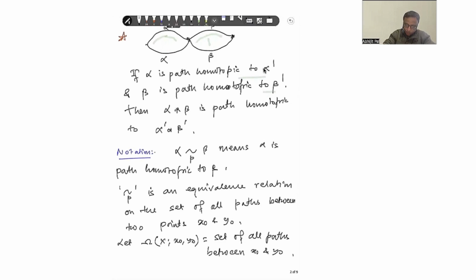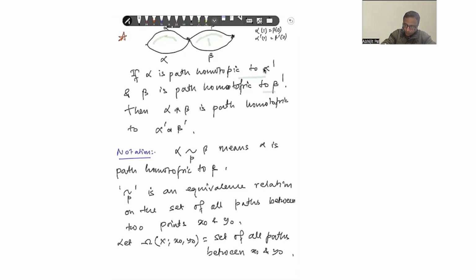What we are assuming here is that alpha(1) is equal to beta(0), and alpha prime(1) is equal to beta prime(0).